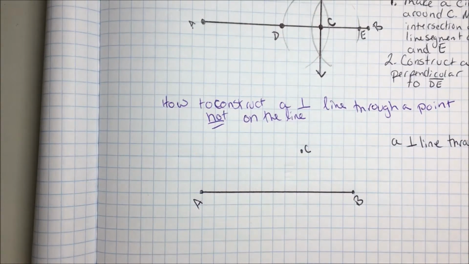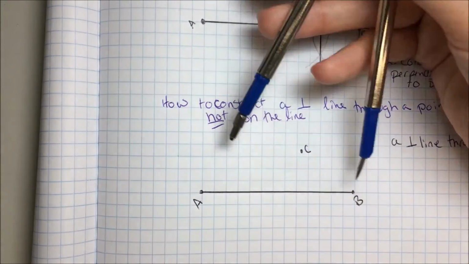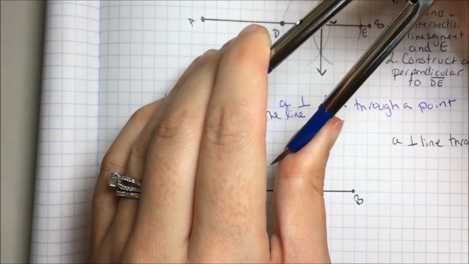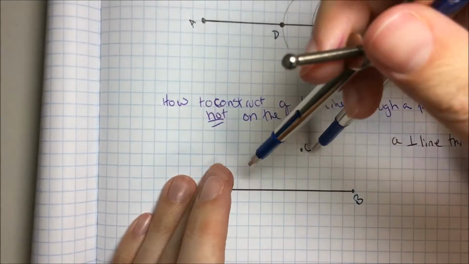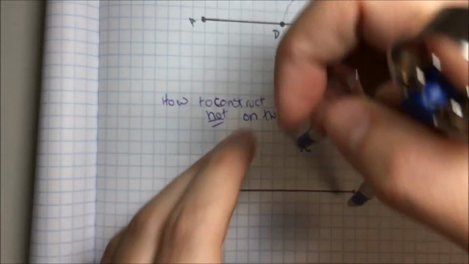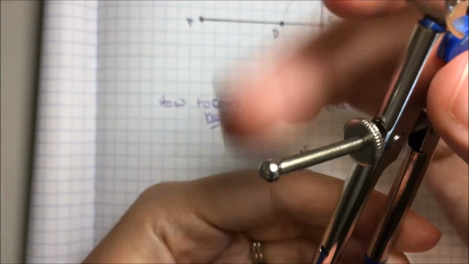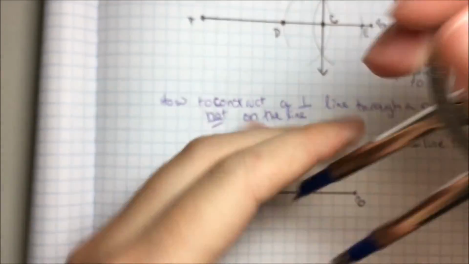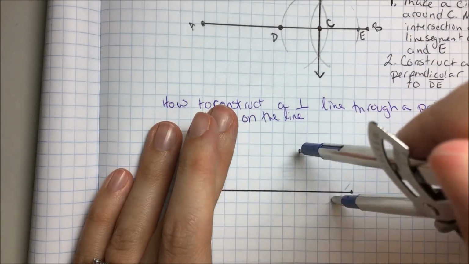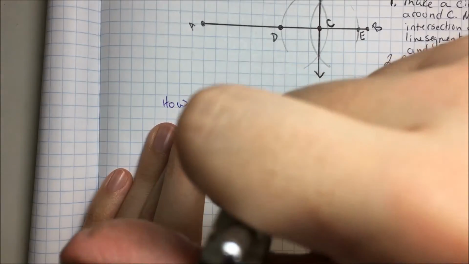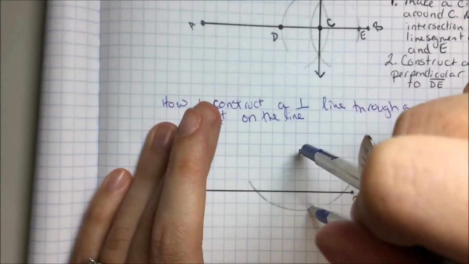So I'm going to start again by making a circle centered at C. And I want to make this circle the right size so that it touches my line segment in 2 places. So, will this touch in 2 places? No, I gotta make it a little bit smaller. Alright. So I'm gonna make a circle centered at C, the right size so that it touches my line segment in 2 places.